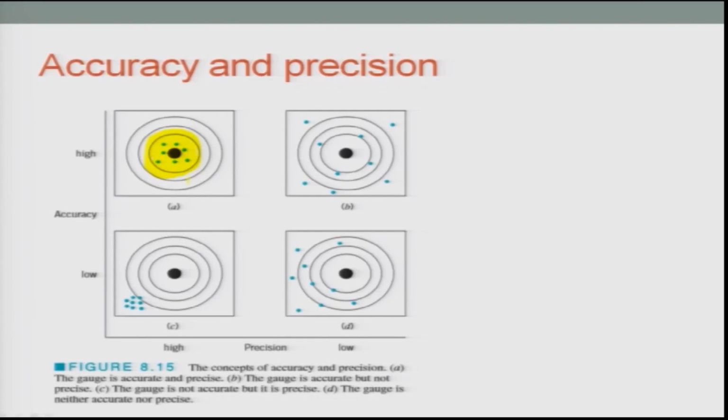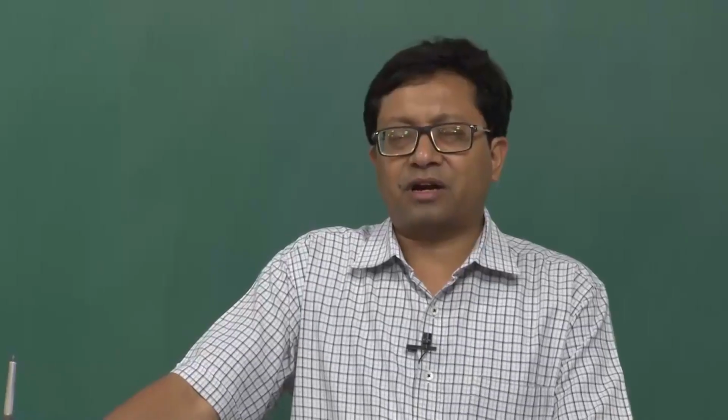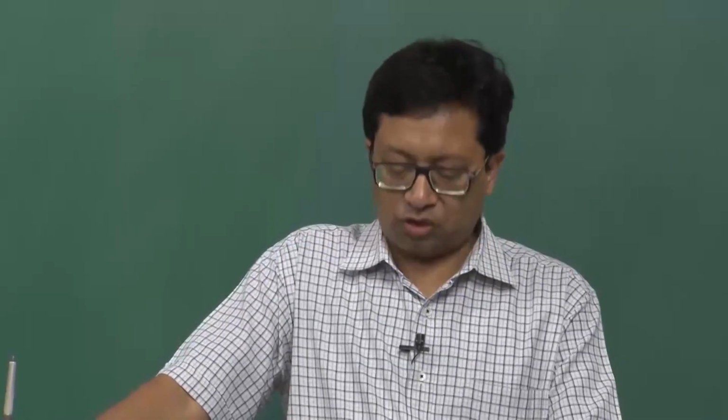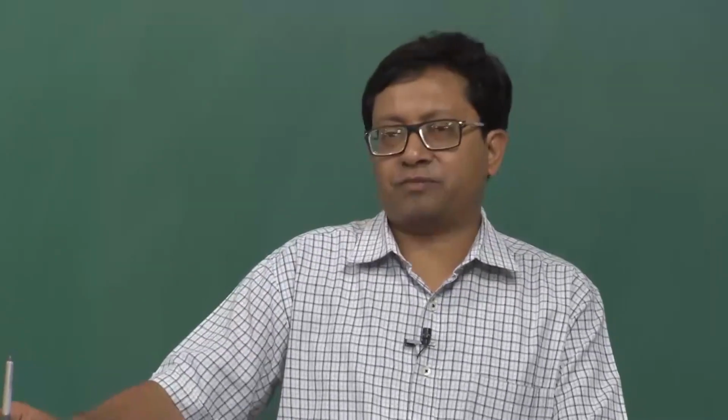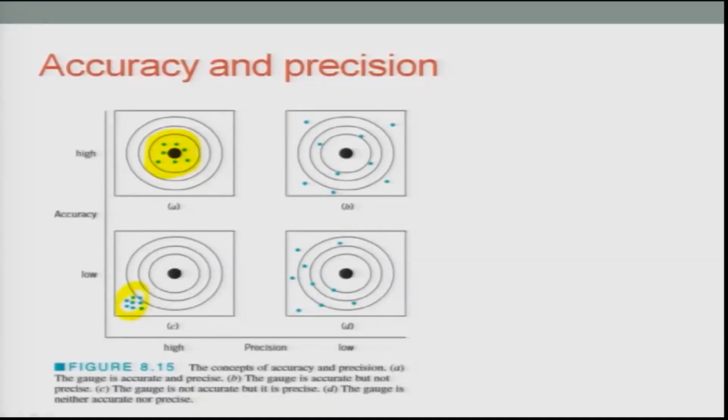In the second case, the gauge is accurate because all the values are concentrated in and around the black dot. They are scattered. If the scatter is very high, it means the precision is low. In the third case, the precision is very high because again they are concentrated in and around some value, but that value by itself is wrong.